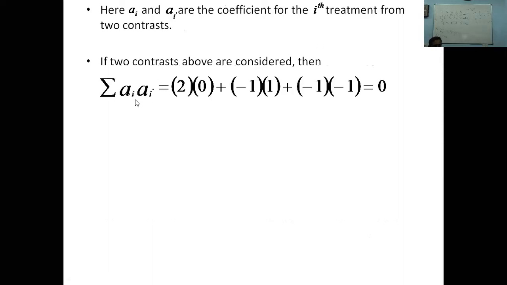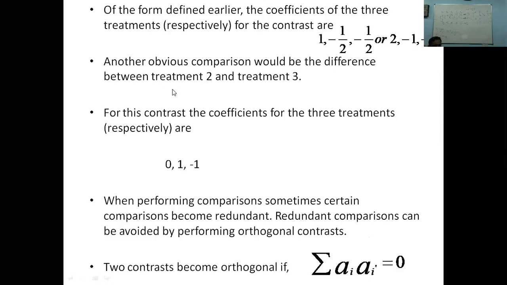Here ai and a'i are the coefficients of the ith treatment from 2 contrasts.